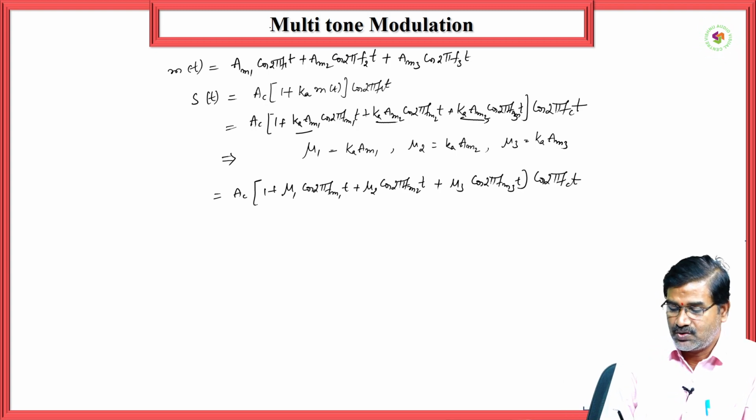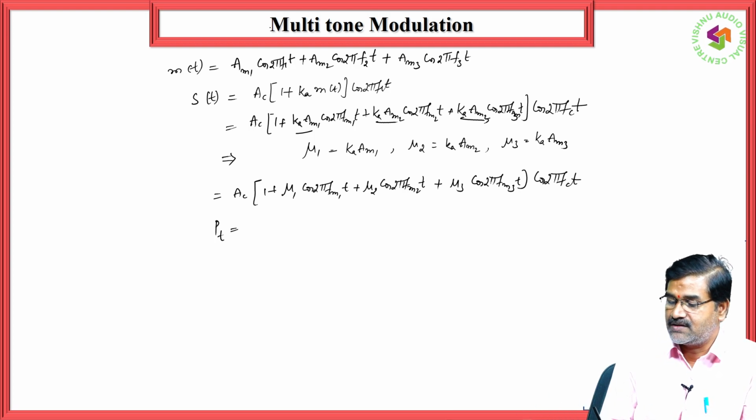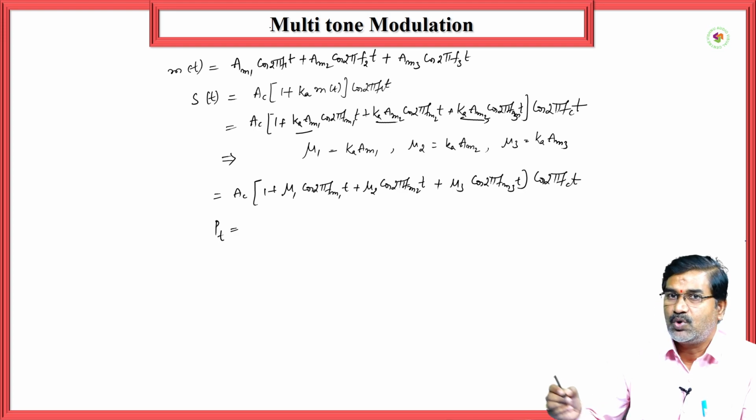Now if you consider the total power, we have 3 different modulation indices, so the resultant modulation index I'll call mu t.